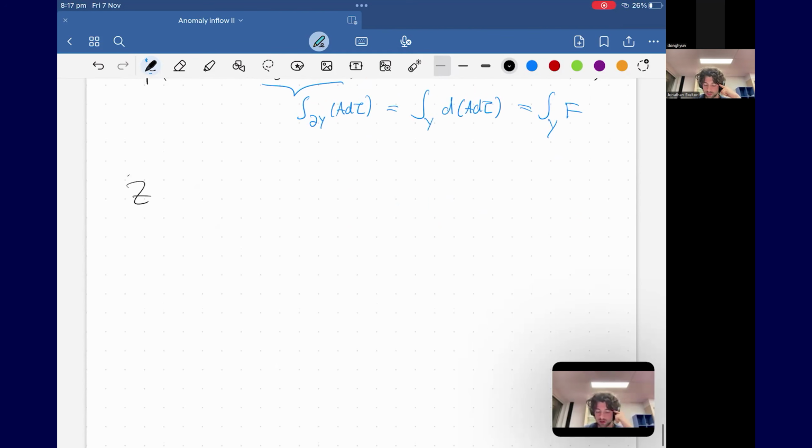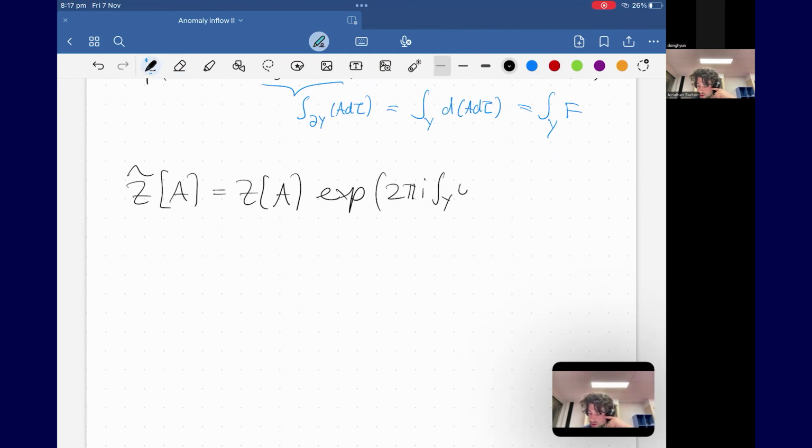So then we want the combined theory to be equal to the original one plus our new exponential 2 pi i integral on Y of omega(F), where omega(F) is going to be omega(A). Let me write that.